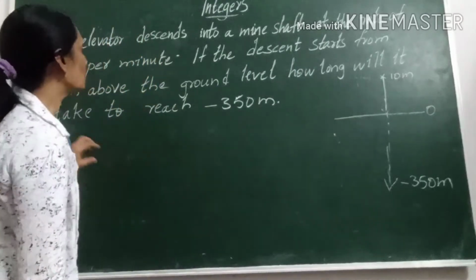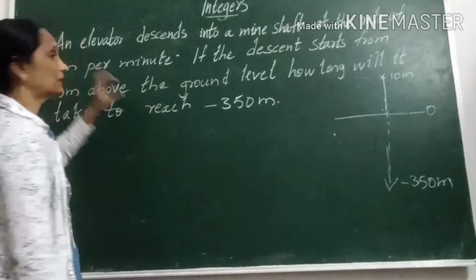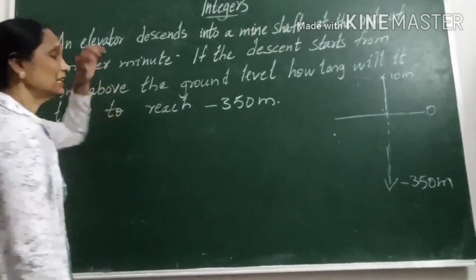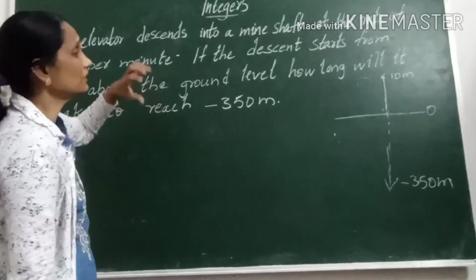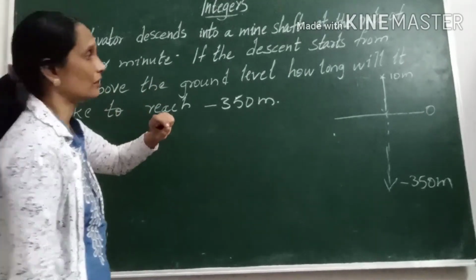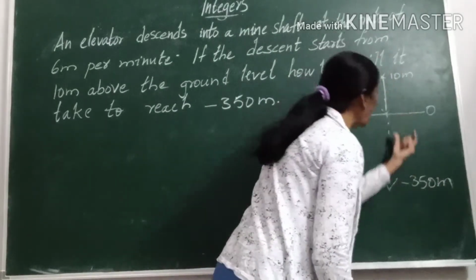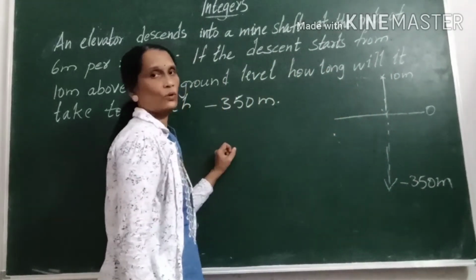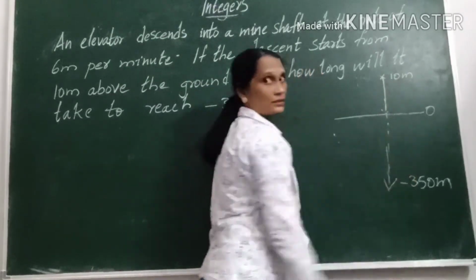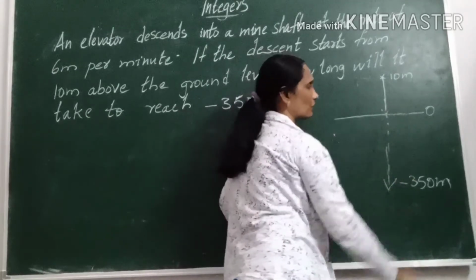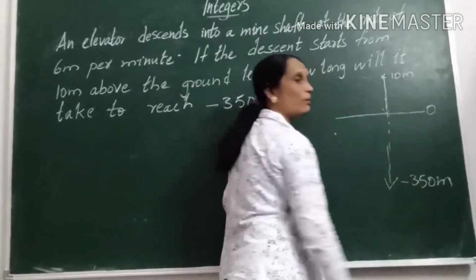So here the question is, if it is going down 6 meters per minute, how much time will it take for coming down to 350 meter below the ground level? This is above the ground level, this is below the ground level. That is why it is represented by minus 350.